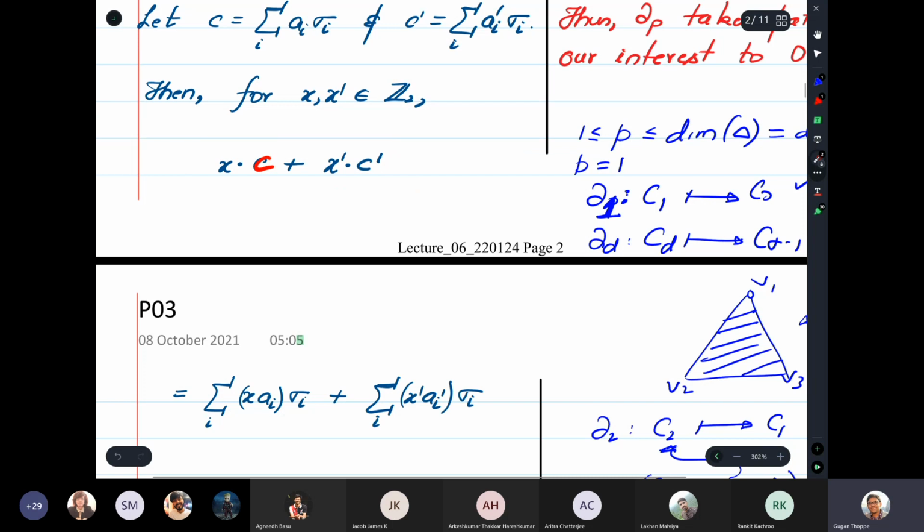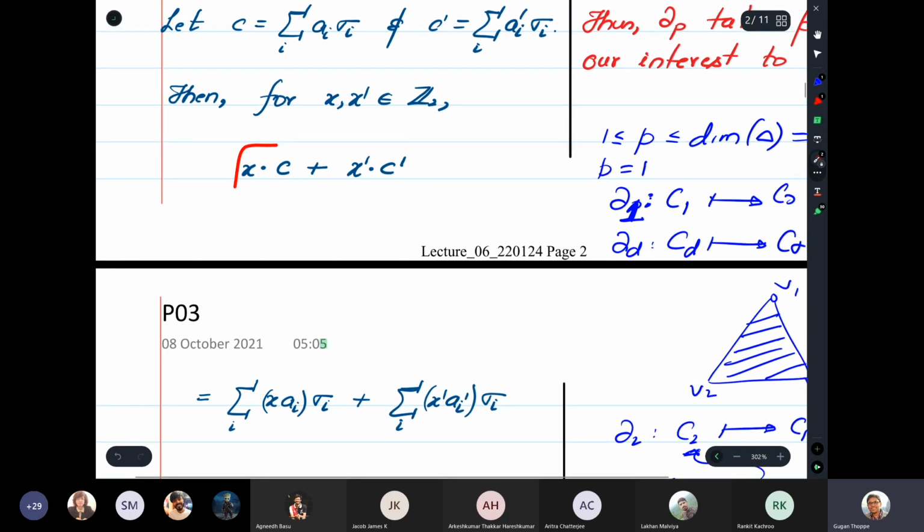Let's take this linear combination: you take this p-chain, take a scalar product with x, take this other p-chain, take a scalar product with x', and then you add them up. So you can see that this is a linear combination. Our aim is to check if ∂_p of (x · c + x' · c') indeed equals x · ∂_p(c) + x' · ∂_p(c').